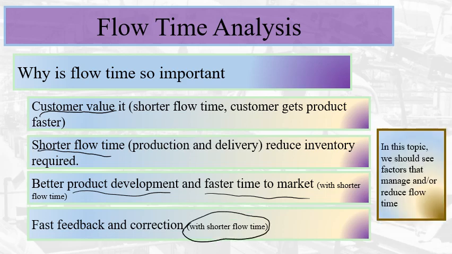So in this presentation, we're going to be talking about reducing flow time and the factors managing flow time, and we're also going to be talking about the critical path in a process or in a system, because the critical path is going to decide which activities should be targeted when we want to reduce process flow time.